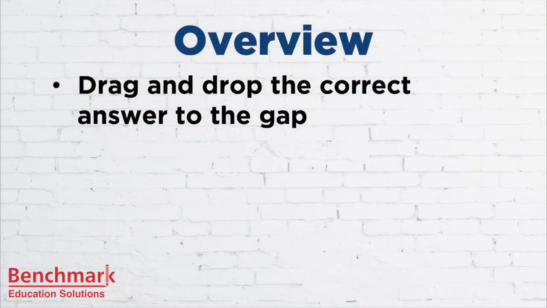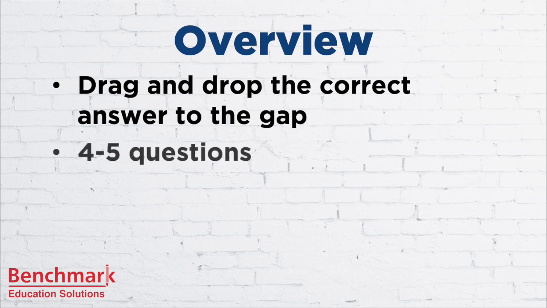Think of phrases like the general public or extremely flexible. You'll probably have noticed a lot of these in your preparation and practice, and we do go into them more in our in-depth lesson. To answer these questions, you just need to drag and drop the correct word to the gap. You can expect to see 4 or 5 of these texts on test day.